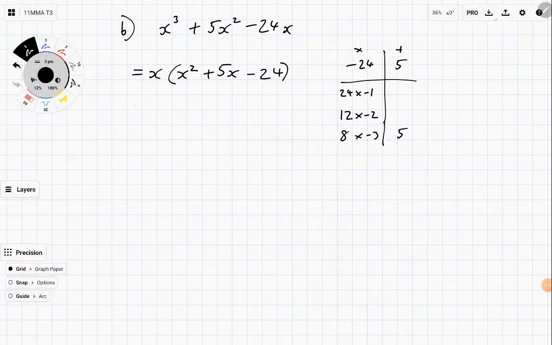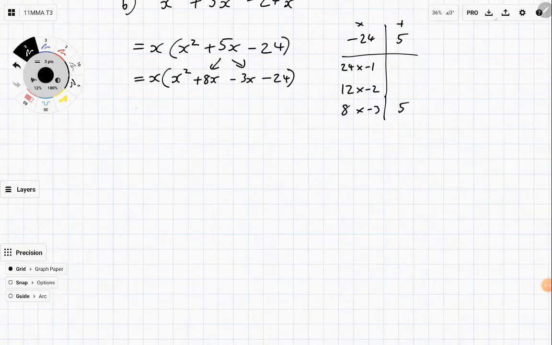So using decomposition, splitting the x term into 2, we get x squared plus 8x minus 3x minus 24. Now factorizing bit by bit, full decomposition method, x plus 8. In this case, minus 3 is going to come out the front, and we're going to be left with x plus 8 on the inside.